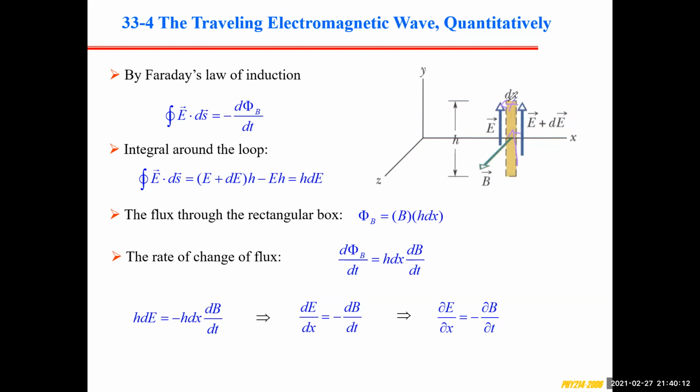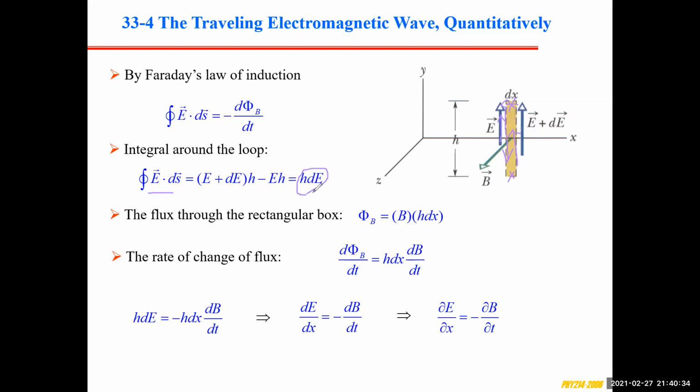So there is no contribution on this length, and no contribution on this length. And on this side, your displacement is downward, but the electric field is upward, so the scalar product will be minus E h. So the net result when you evaluate this will just be h times dE.